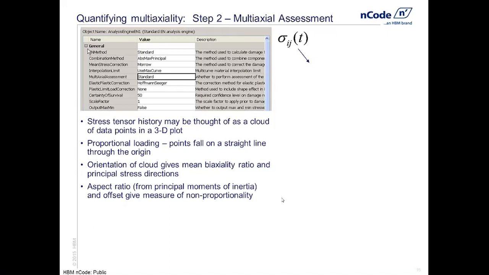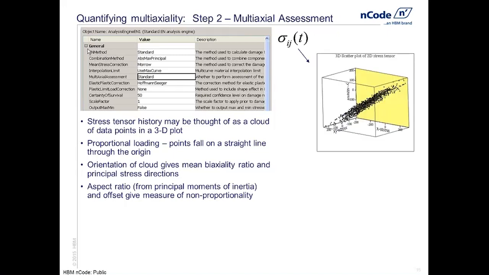We start with a stress history, which is a tensor as a function of time. So then imagine that we plot the stress tensor at each moment in time on a 3D scatter plot. Now the axes in this scatter plot are the 3 stress components, sigma xx, sigma yy, and tau xy. Every point in the time history generates a point on this scatter plot, and eventually we end up with a cloud of points that represents the entire stress history.